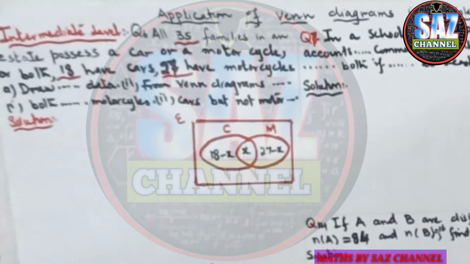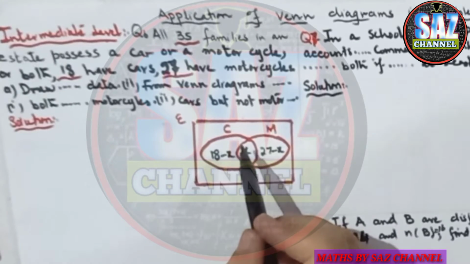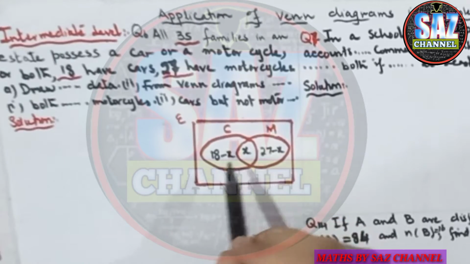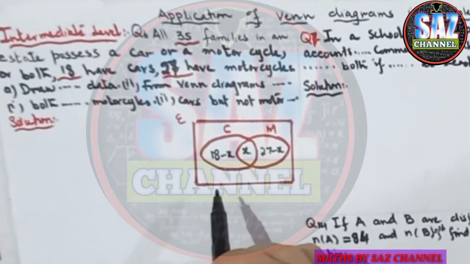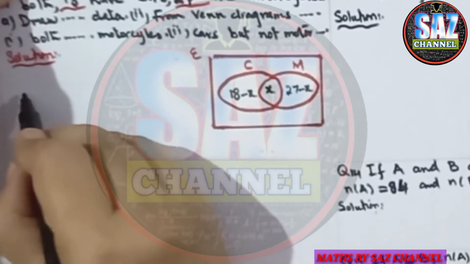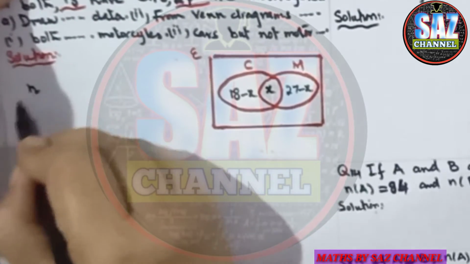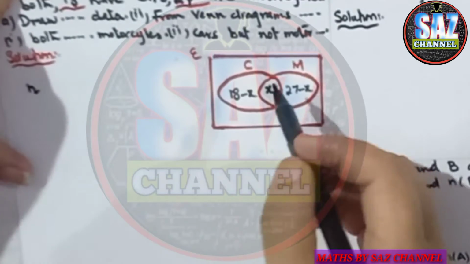Now, in order to find the number of people who are having both the things, we can use the formula that number of elements of A union B. Here, according to need, we can change the situation.